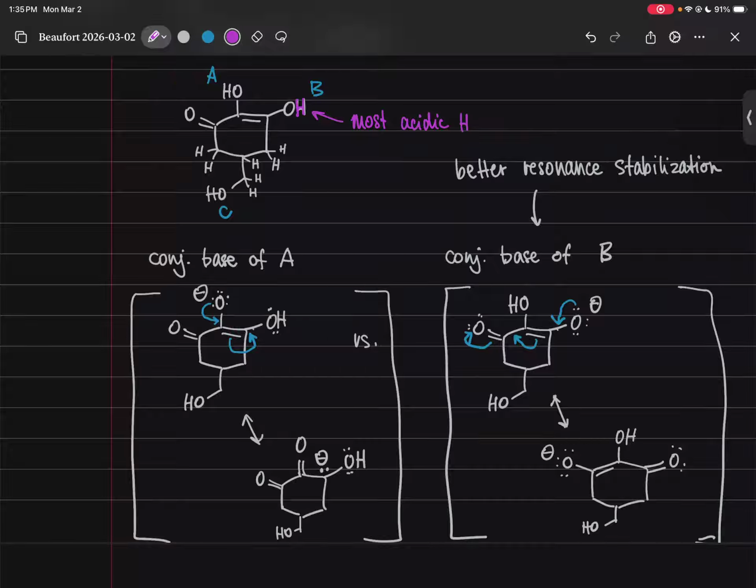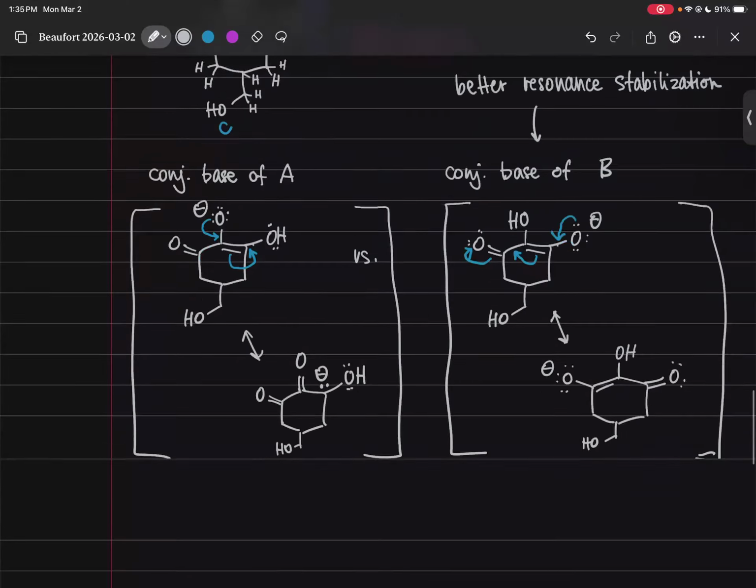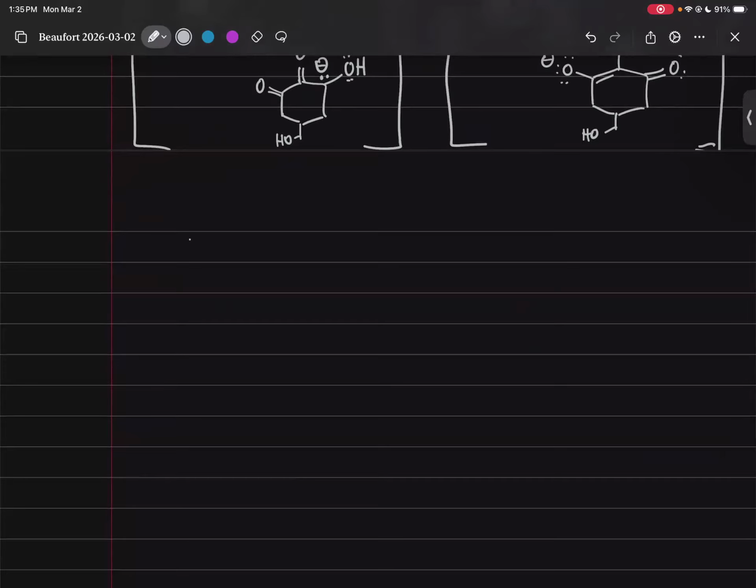So what does that look like in an actual chemical reaction? That would mean that if we took, sorry, I'll go back to that in a second.